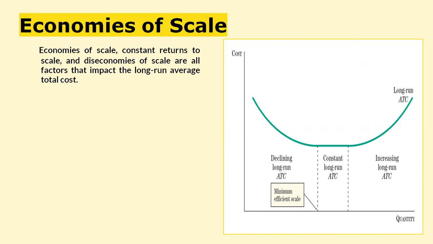Economies of scale, constant returns to scale, and diseconomies of scale are all factors that impact the long-run average total cost.